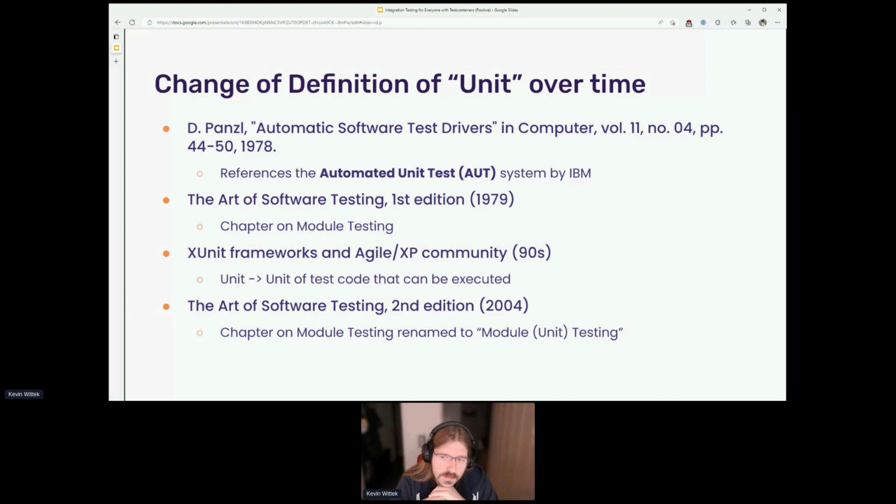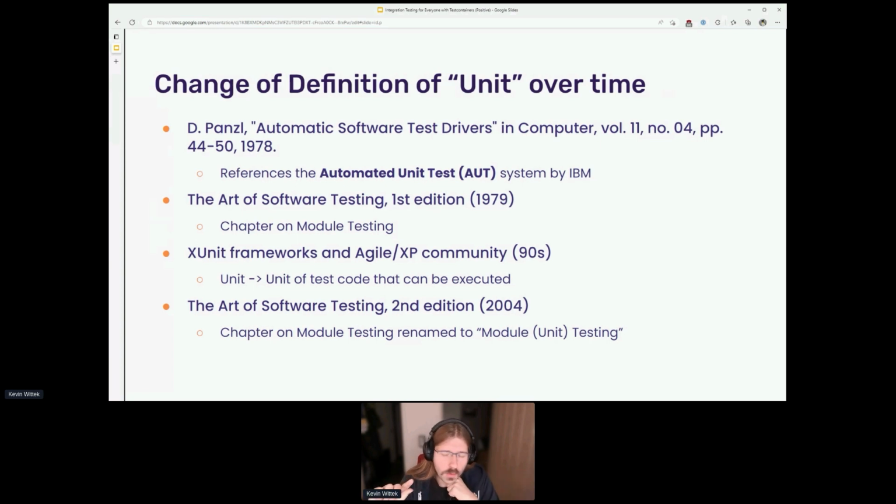And it's not that easy, and I was not super successful in finding the first occurrence, but probably one of the first occurrences is in a paper, Automatic Software Test Drivers, that was released in 1978. And this paper references an IBM manual, the manual for the automated unit test system.